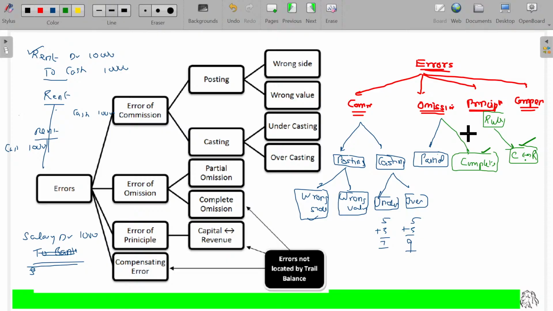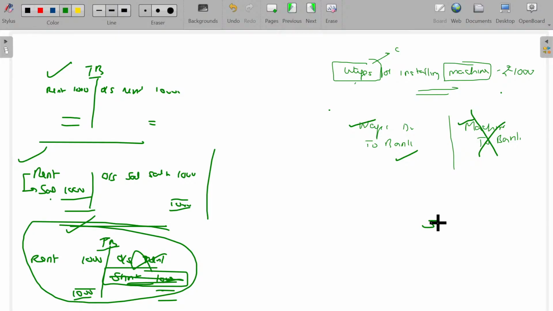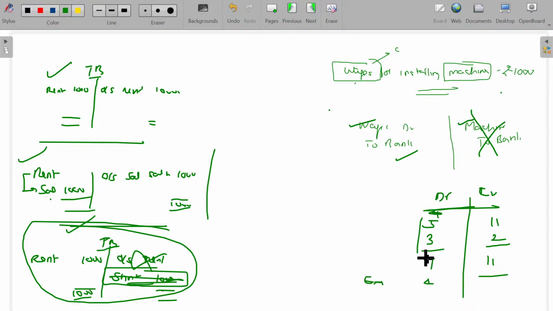And compensating error. What happened? 5 plus 3, 7, and 11 plus 2, 11. This is debit side, this is credit side. Apart from that, there is the existing balance being 4. 5 plus 3, what happened? 7.